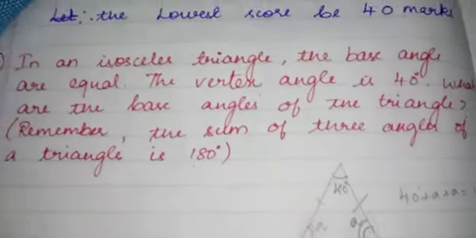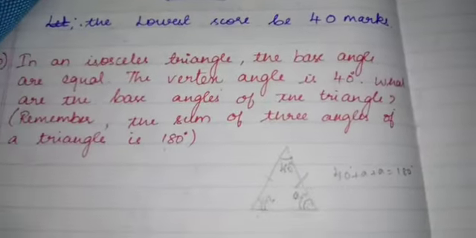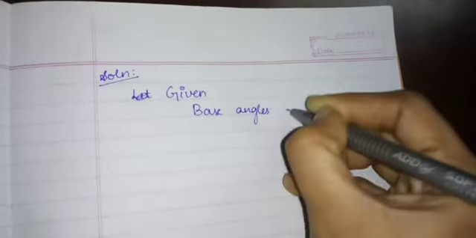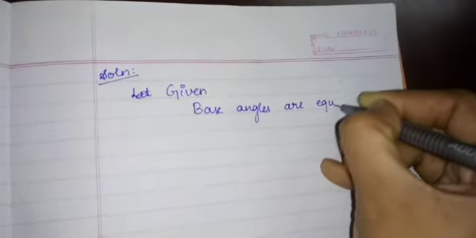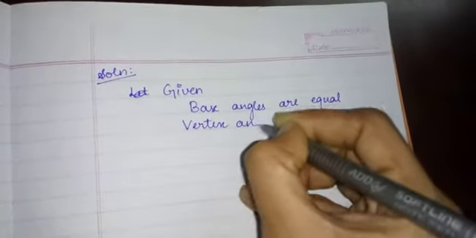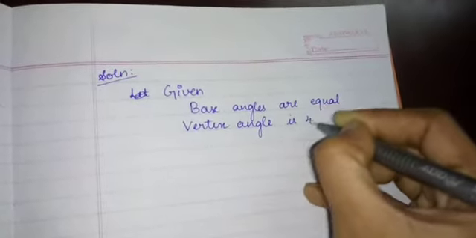Now I am going to write the solution for that question. Solution. Given that base angles are equal, and the vertex angle is 40 degree.